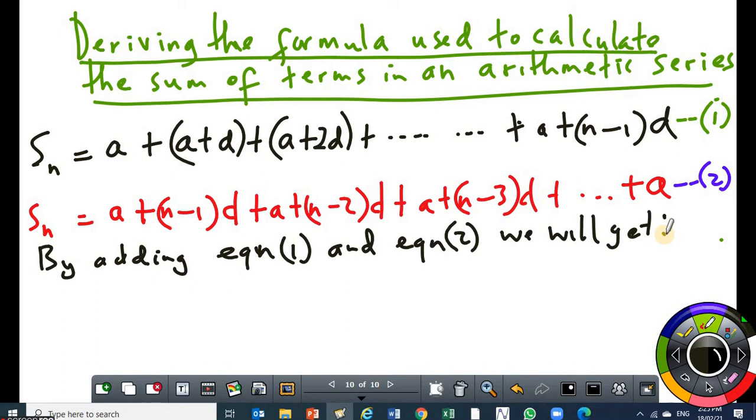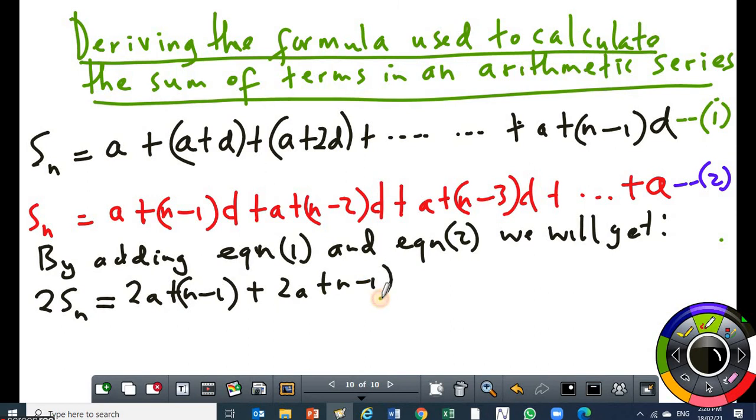Sn plus Sn is going to give me 2Sn is equal to a plus a plus (n minus 1) times d, a plus a will give me 2a, plus (n minus 1) times d. Then plus, if I add a plus d to a plus (n minus 2) times d, I'm going to get this as well: 2a plus (n minus 1) times d.